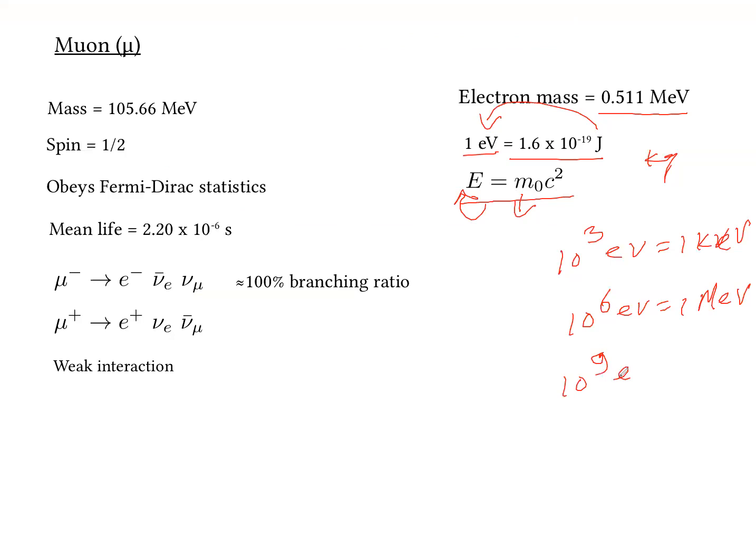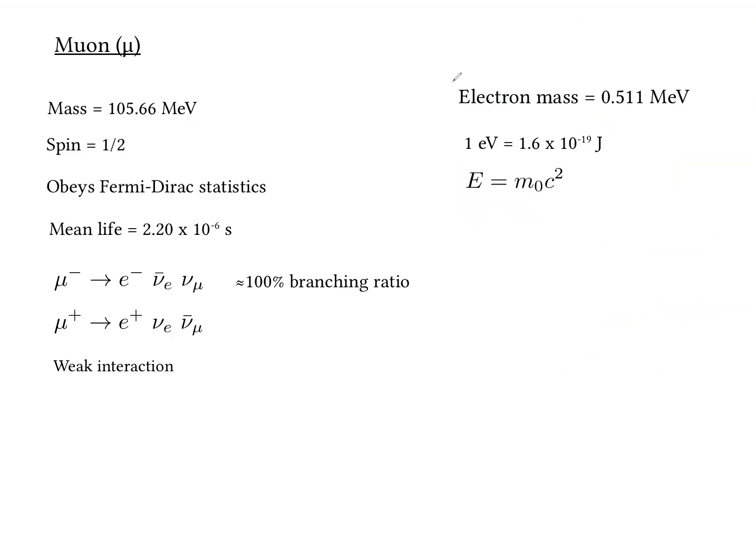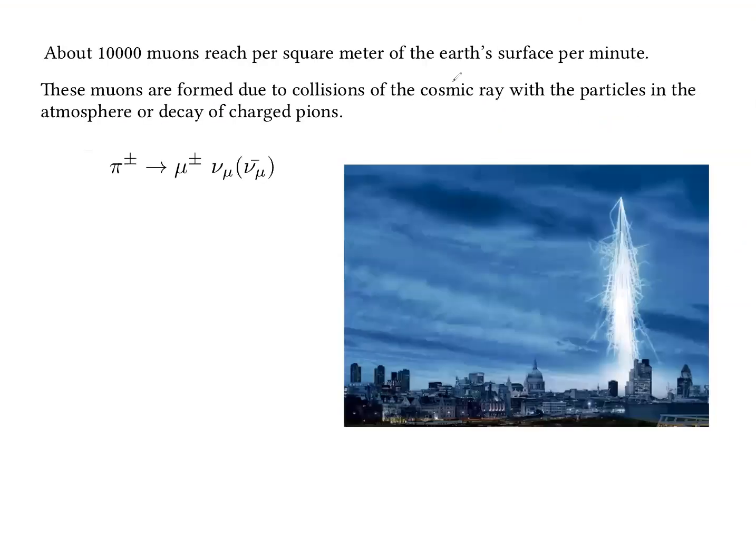And so on to kilo electron volt and beyond. Because of this relation, we usually express mass in electron volt, mega electron volt, giga, or kilo, something like that. So this is the basics of the muon.